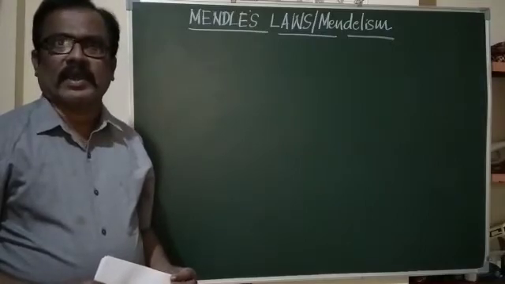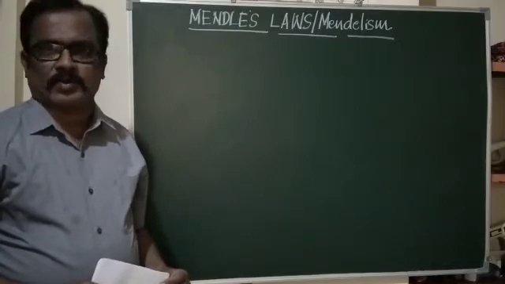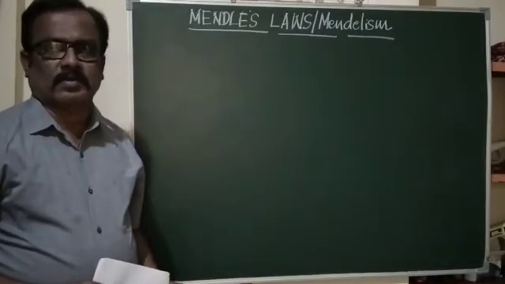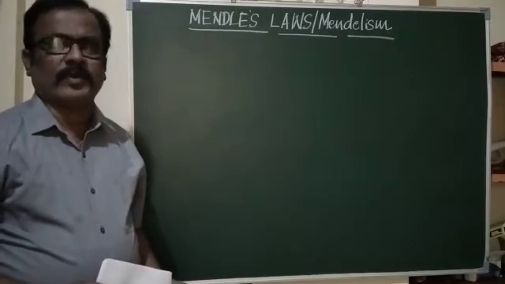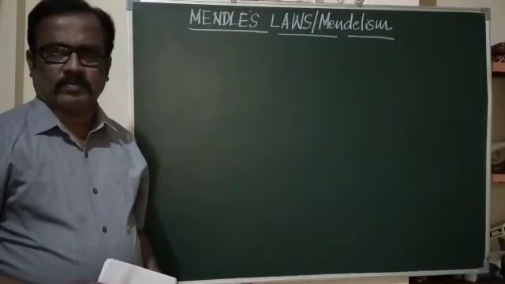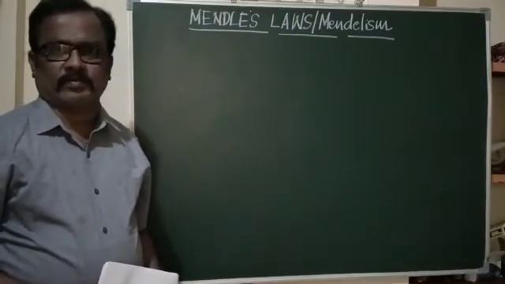By taking the example from plants as well as animals, the monohybrid cross result phenotypic ratio is 3:1 and genotypic ratio is 1:2:1.